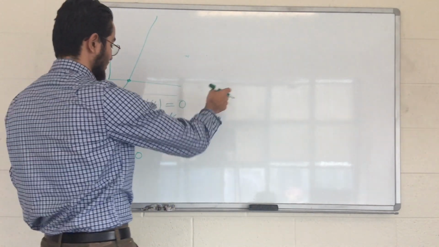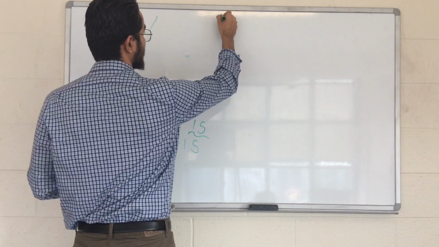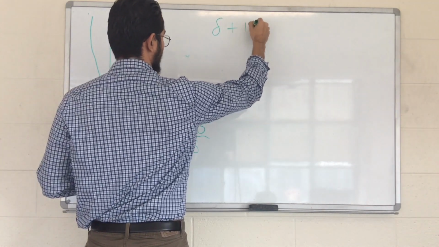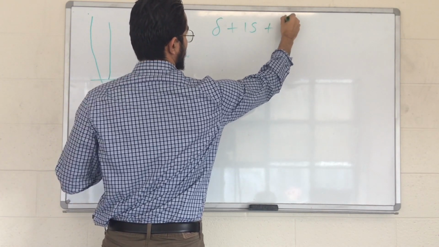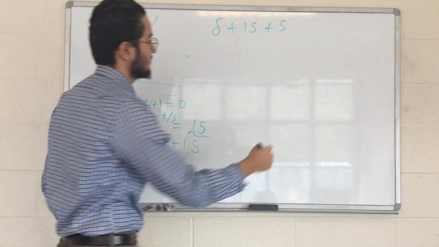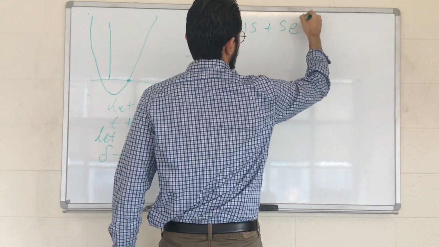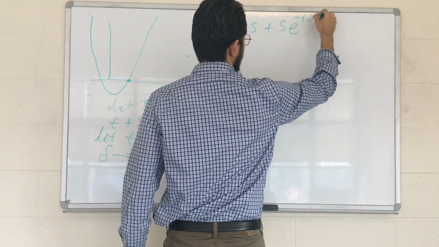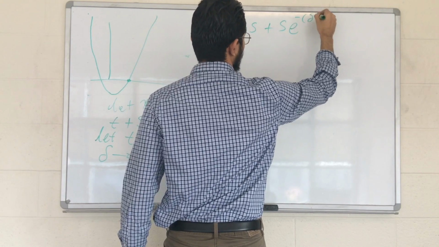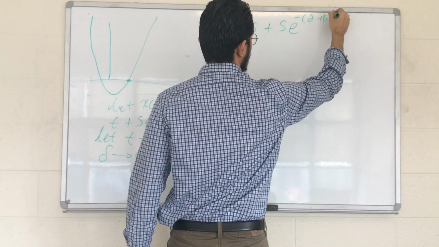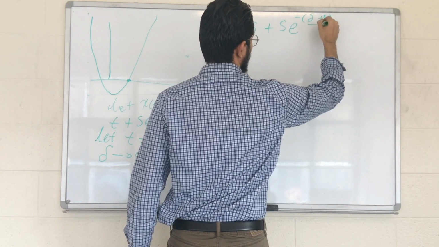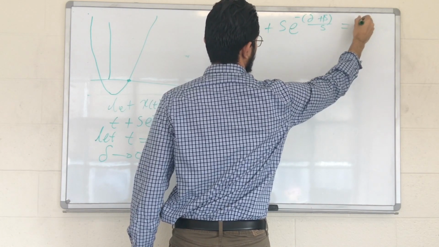And of course, we know that t equals delta plus 15. So we have delta plus 15, plus 5 e to the negative delta plus 15, divided by 5, and all of this equals 15.